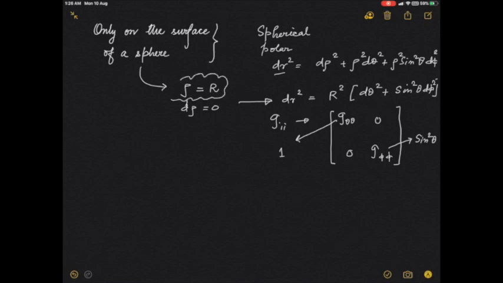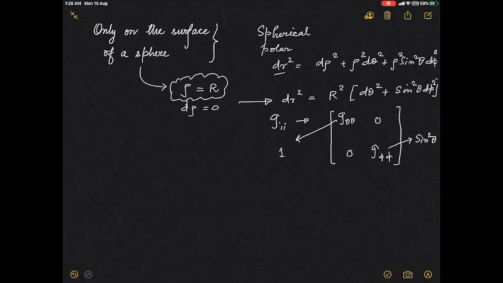It's an algebraic equation on one of the coordinates of the 3D. And once I use that, it just becomes a function of two coordinates, and it has only these two metric elements.